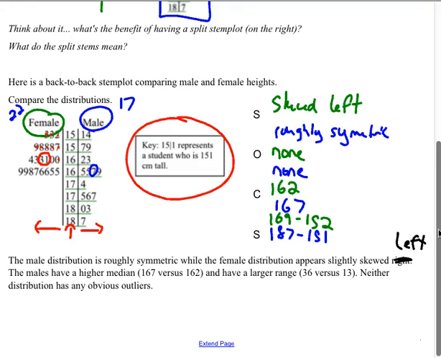The males have a higher median, a 167 versus 162, and a larger range. Neither distribution has any obvious outliers. All right, so again, just putting whatever you've discovered back into full sentences and complete thoughts. That's what you're always going to be going for.